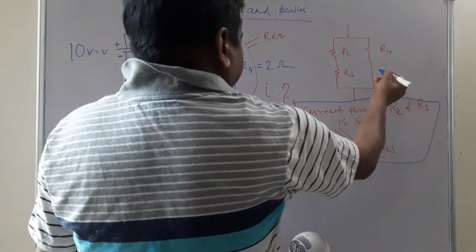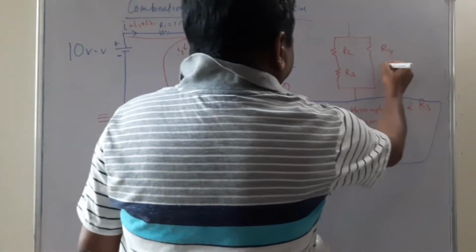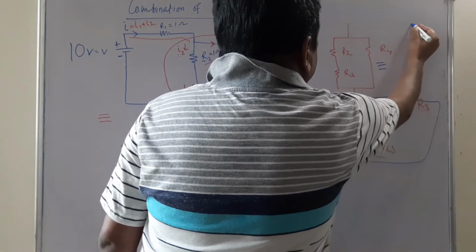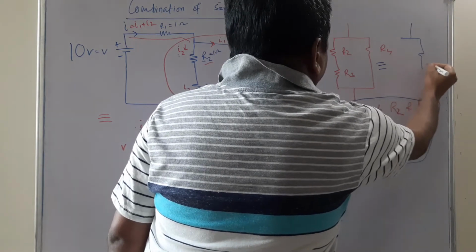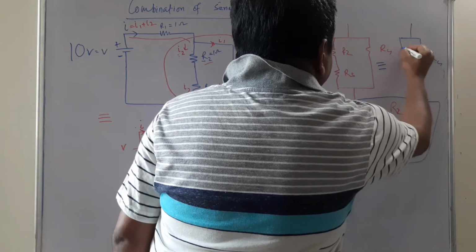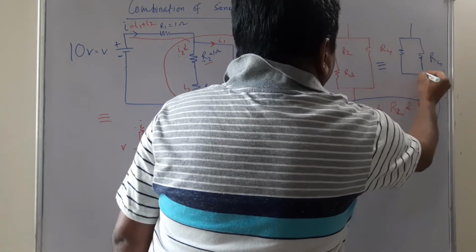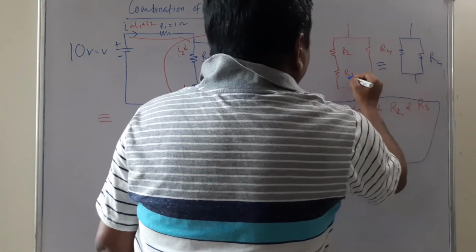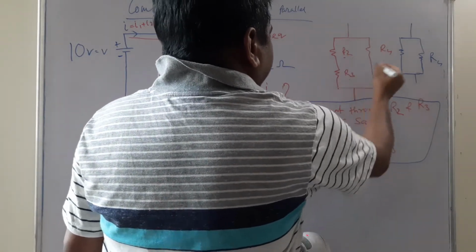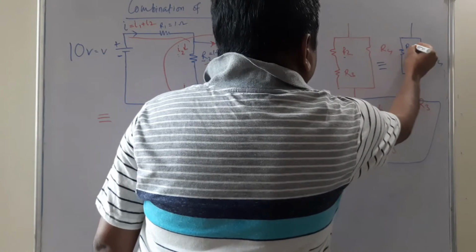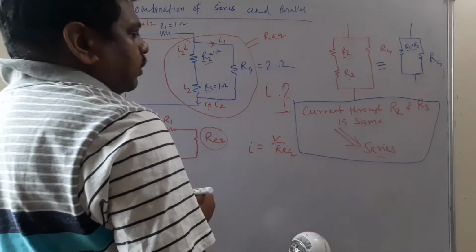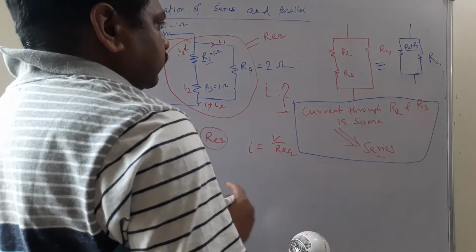So now if you make it equivalent to another resistance, this will be R4 and this will be the equivalent of R2 and R3, it will be R2 plus R3. Okay, is that clear?